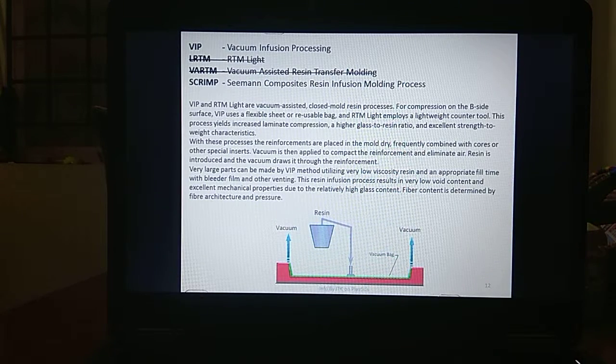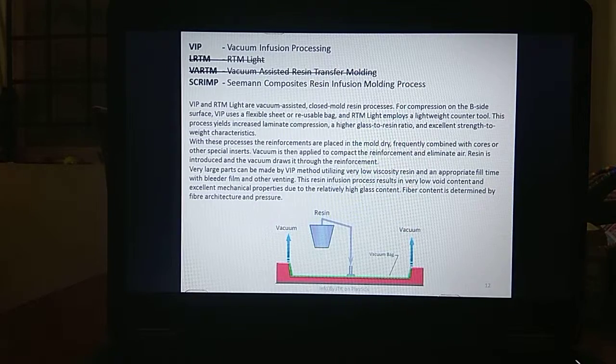This resin infusion process results in very low void content and excellent mechanical properties. Due to the relatively high glass content, fiber content is determined by the fiber and architecture of the preform.